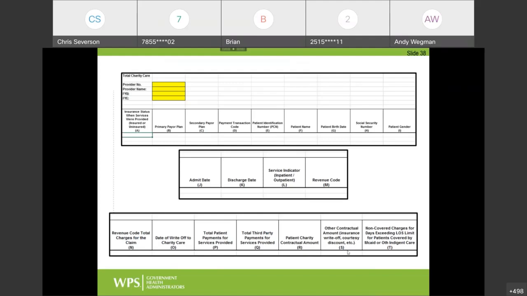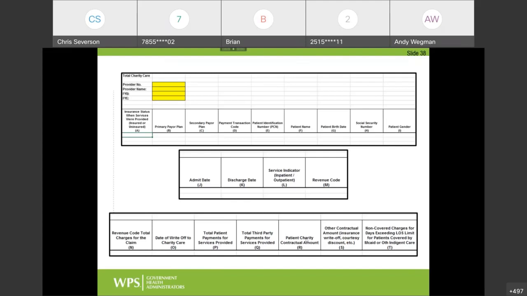It might have even been a bad debt. But we want to know where the charge went, and that allows us to get assurance about what amount should have been approved for charity care. The last column is that situation where you have an insured patient that had the non-covered charges for those days exceeding the length of stay limit. That's where this charge amount should go. That's one more disposition.